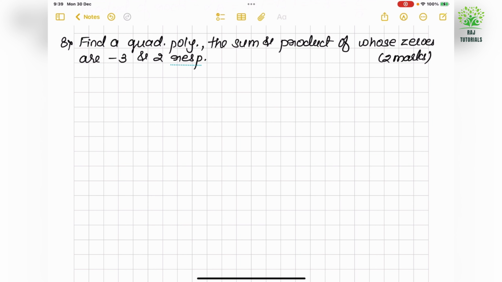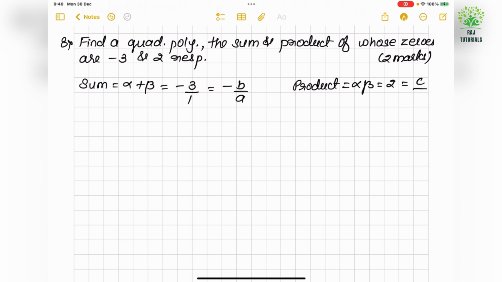Now the next question says, find a quadratic polynomial, the sum and product of whose zeros are minus 3 and 2 respectively. So sum equal to alpha plus beta, which is equal to minus 3 upon 1, which is equal to minus b by a, and product, which is alpha beta, equal to 2, which is equal to c by a. So therefore a equal to 1, b equal to 3 and c equal to 2.